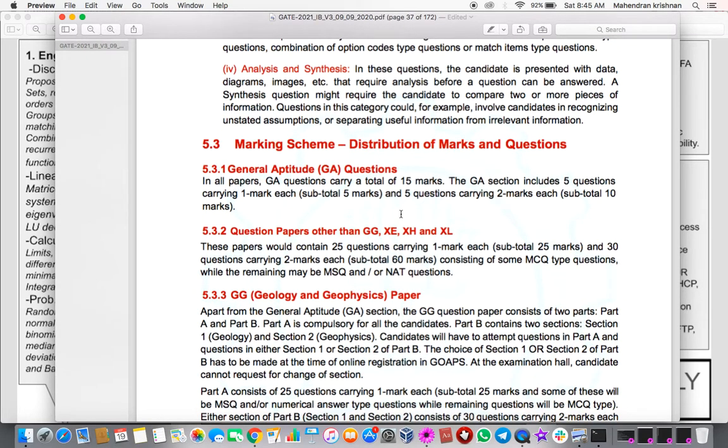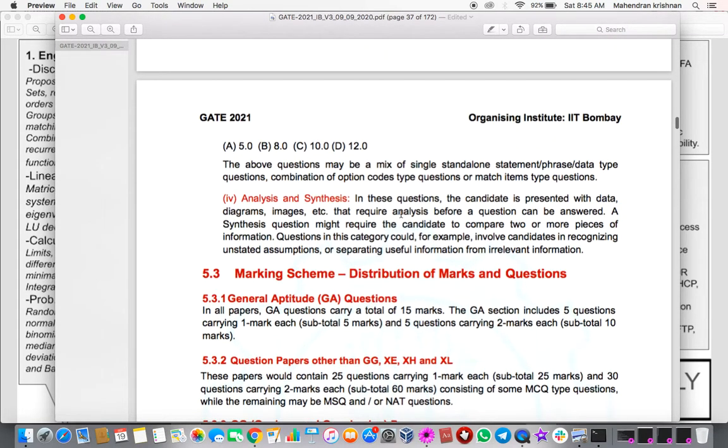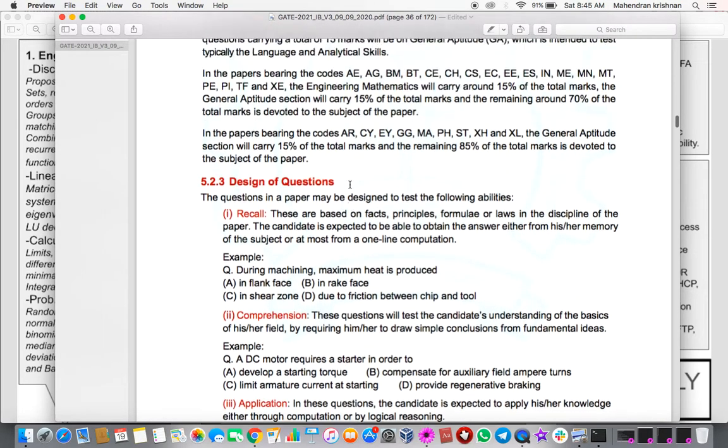All right. So, let me summarize. So we have 100 marks. GATE is for 100 marks. 15% is for quantitative aptitude, that is general aptitude, logical reasoning, and verbal. So these three constitute 15% of the GATE exam, and for most of the papers another 15% is mathematics, that is engineering mathematics.